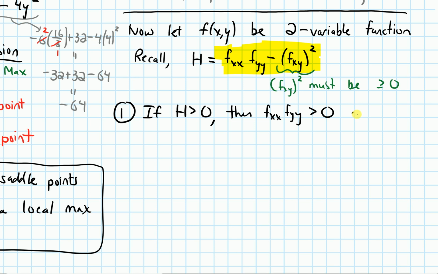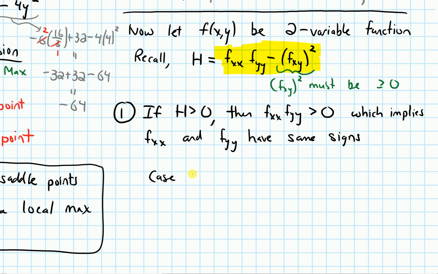And if you multiply two numbers and that's positive, this implies that fxx and fyy have the same signs. Either they're both positive or they're both negative. So that gives us two cases. I'm going to call the first case case 1a.